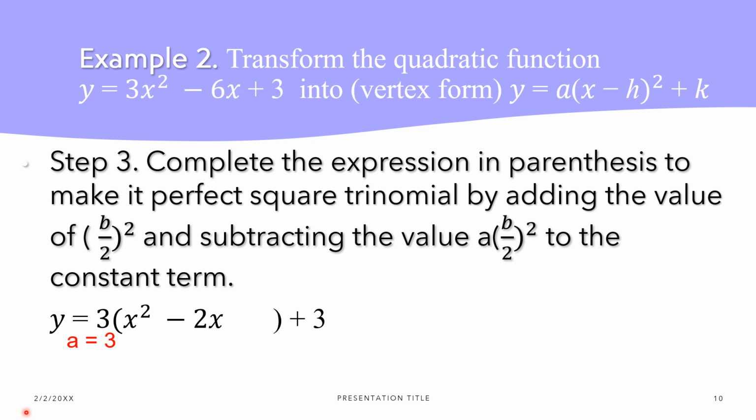So, ang a natin is 3, ang b natin is negative 2. So, yung b dito po manggagaling sa loob ng parenthesis. Then, after po nyan, malalaman na po natin yung i-add natin. So, gamit po itong the square of b over 2, by substitution, papalitan lang natin si b ng negative 2.